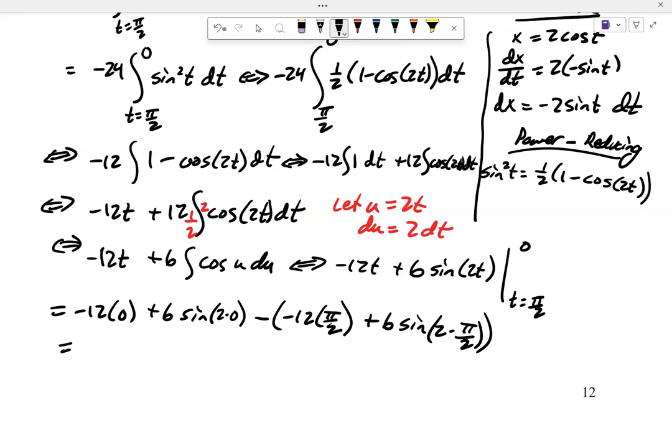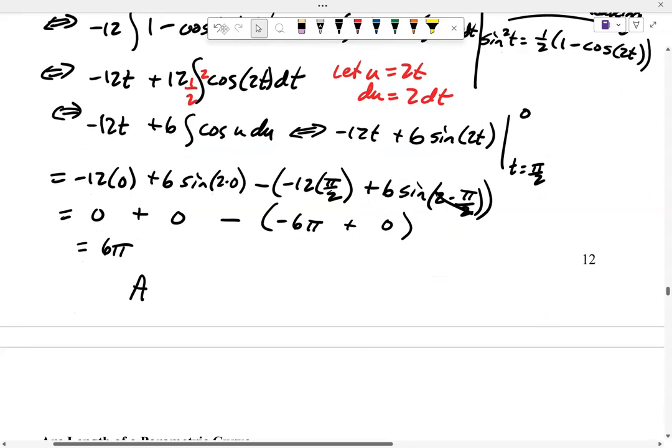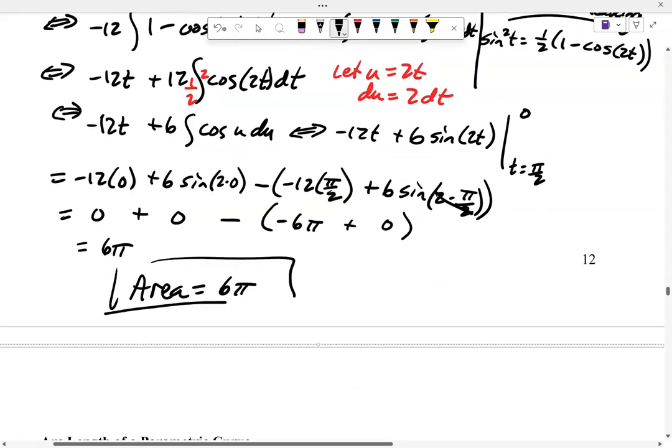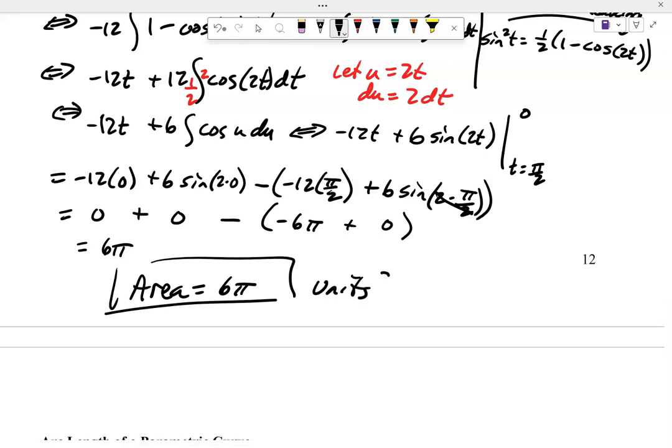So I got 0 plus 0 minus, that's a negative 6 pi plus 6 sine of pi. I know the sine of pi is 0, so that's 0. So this just ends up negative 6 pi. So this just ends up being 6 pi. That's our area. Area is 6 pi. Of course, it's whatever our units are squared.